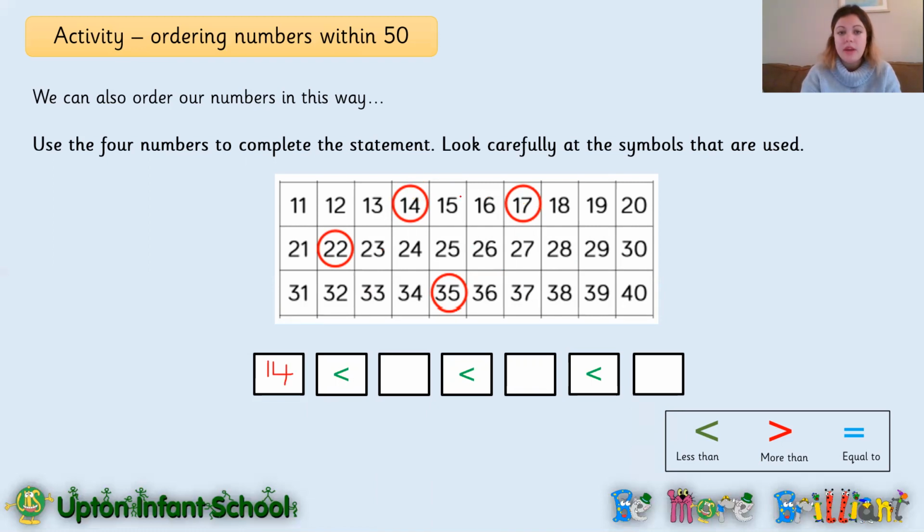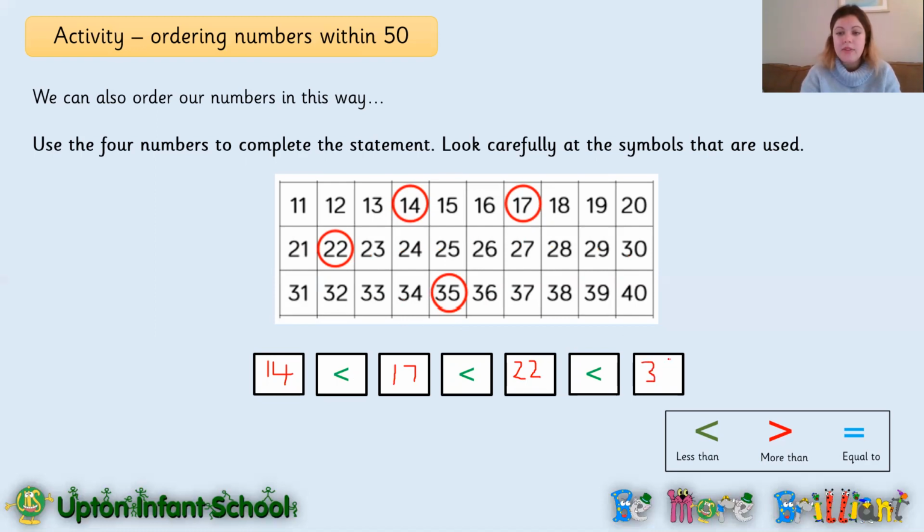And then the number that comes after that is our 17 because there's no other numbers there. And then moving along our 100 square, we can see that our next number would be 22. And the number after that is 35.